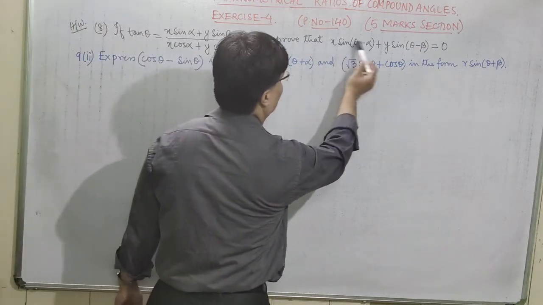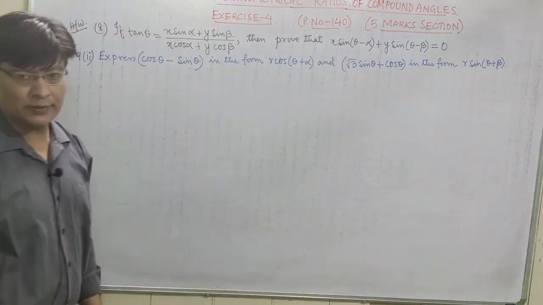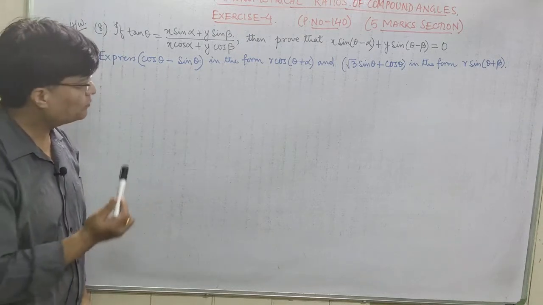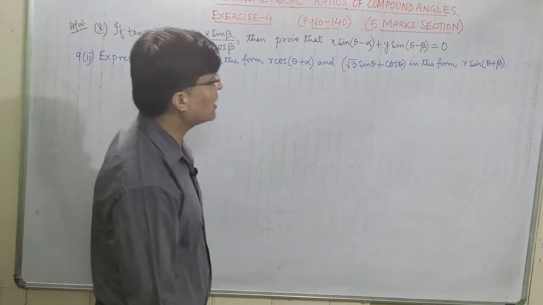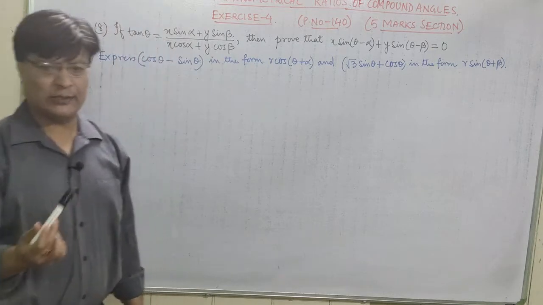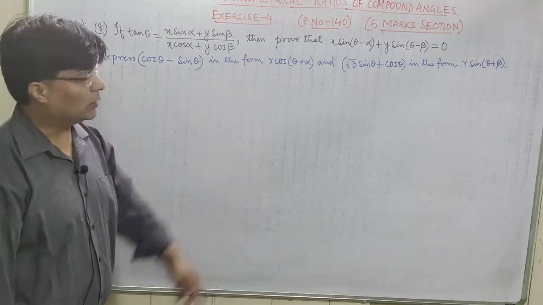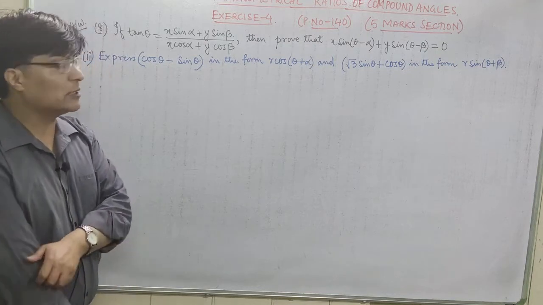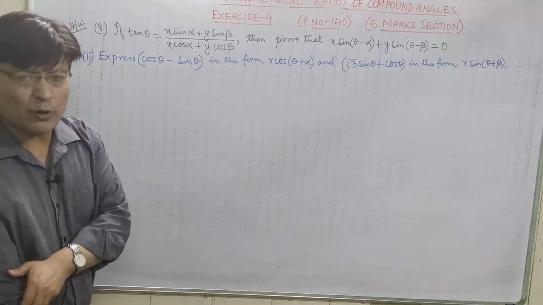So here x and y are separated. In the first term there is x sine of theta minus alpha, and in the second term we have y sine of theta minus beta is equal to 0. You have to prove it.